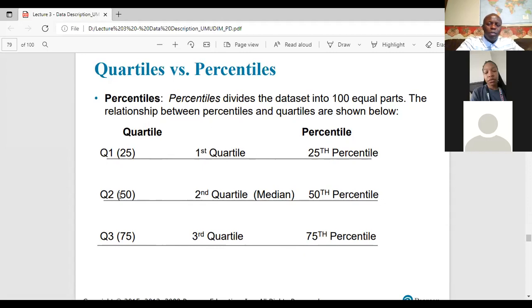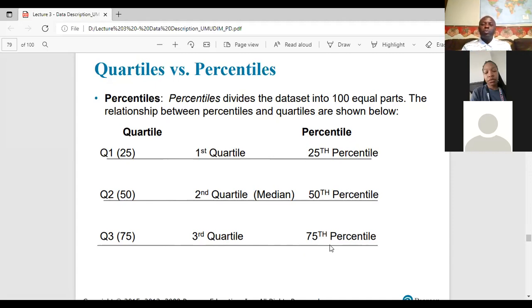Q2, which is the halfway, 50%, is the second quartile, which is also called the median, but it is the same thing as the 50th percentile. And Q3 is the third quartile, which is 75%, and is the same as the 75th percentile, but it is known as the third quartile.